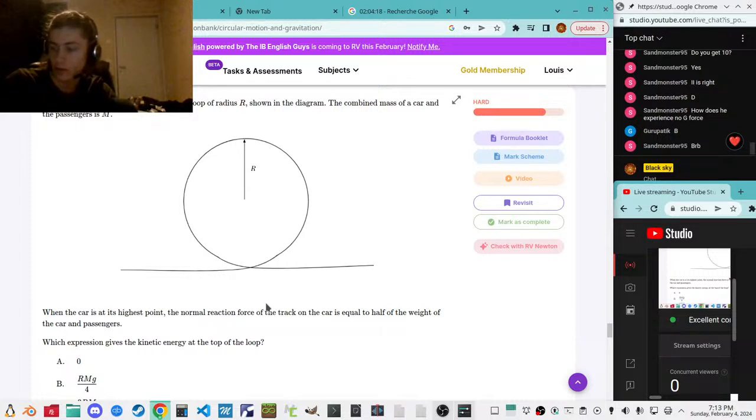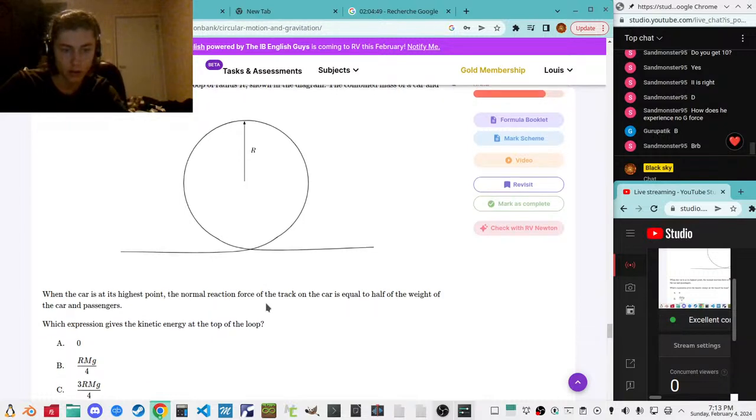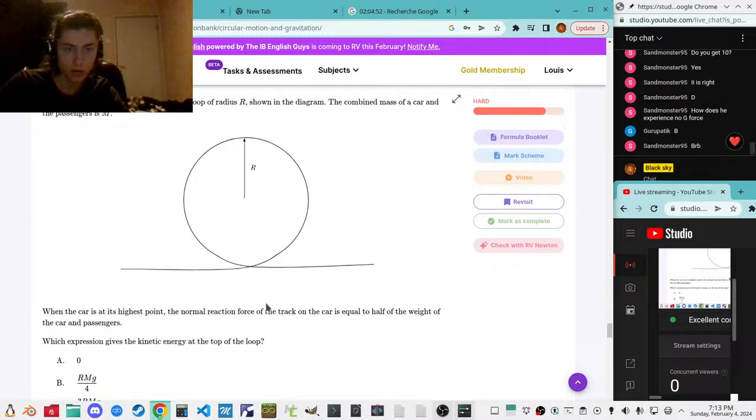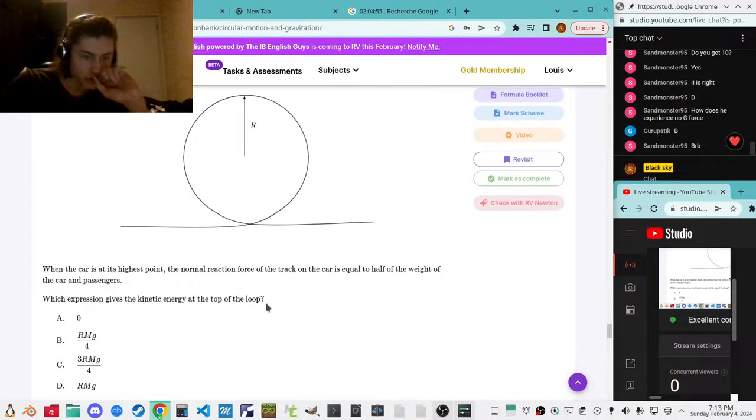Now what do we want? So r over 2 equals v squared. The kinetic energy at the top of the loop.